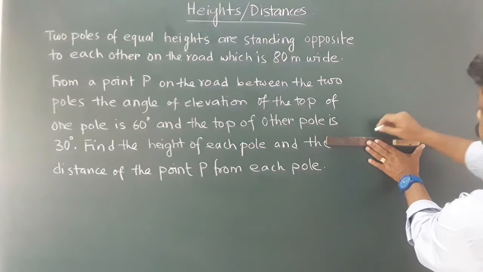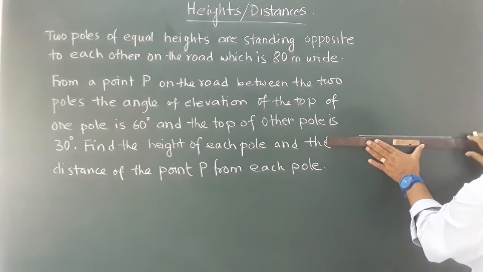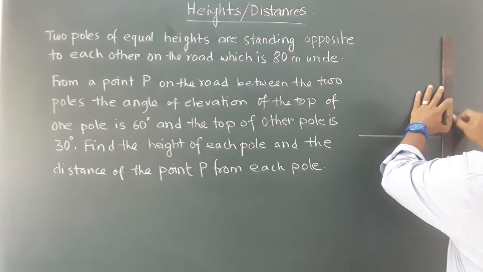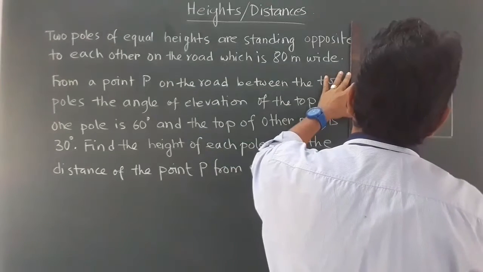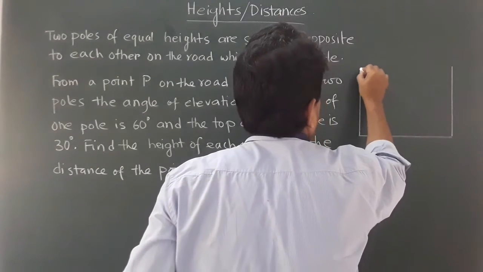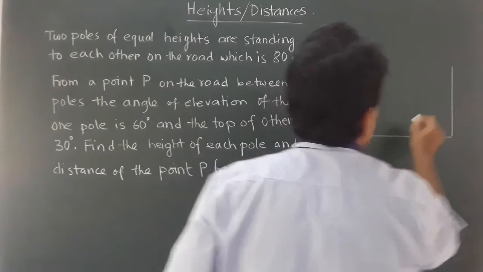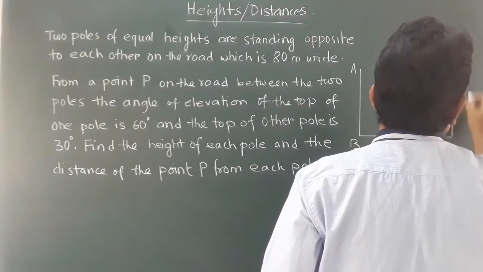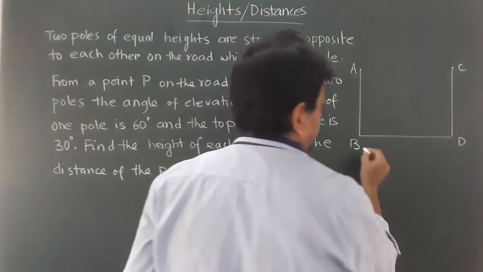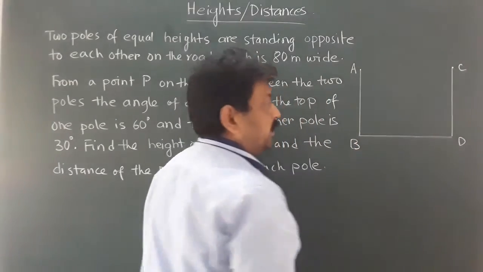So here is the horizontal level. On the horizontal level, two poles are standing opposite to each other. Suppose this pole is AB and this pole is CD and their heights are equal, and BD is the road which is 80 meter wide.